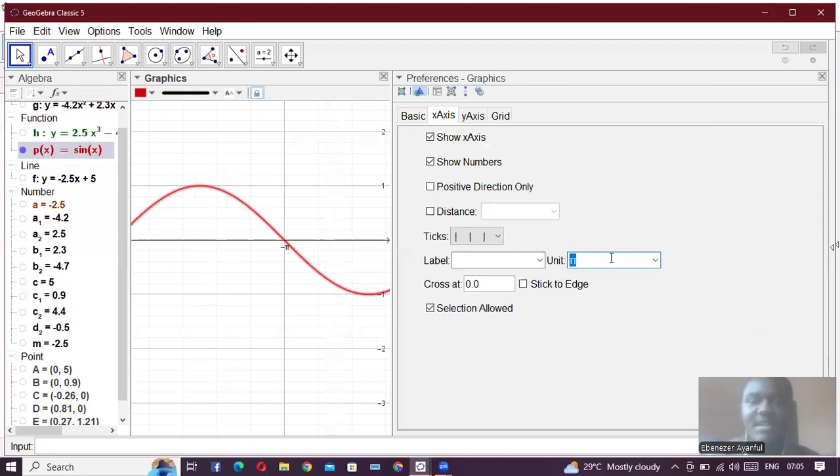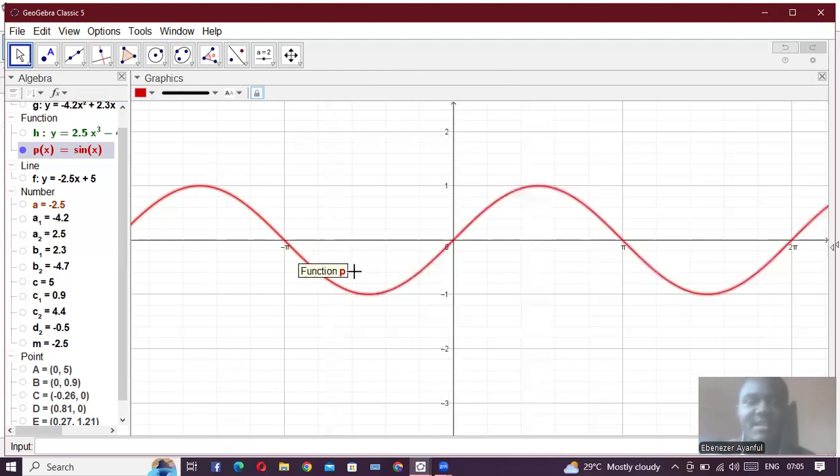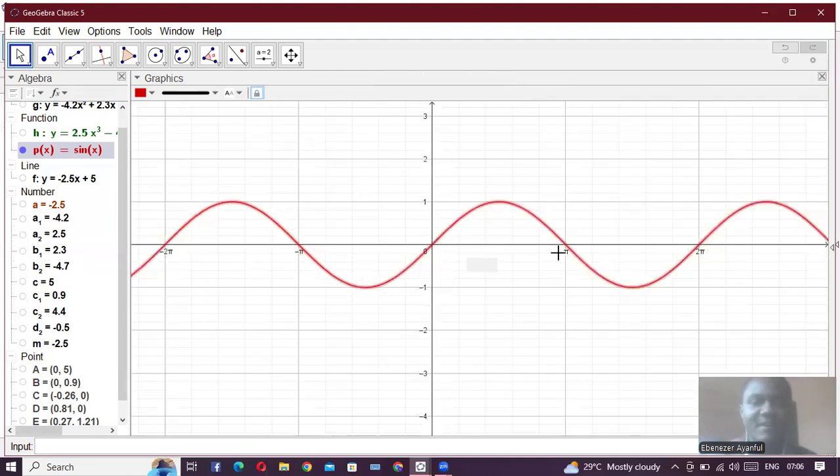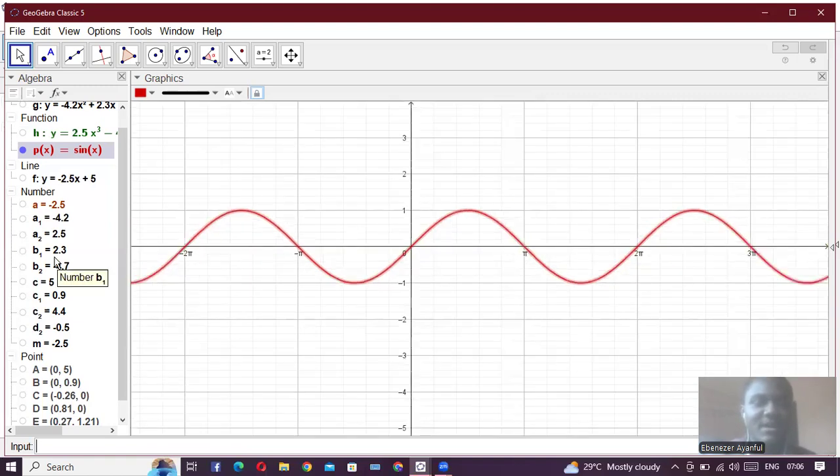You can change it to pi, and when you hit enter, it changes the labels to pi, 2 pi, 3 pi. This is beneficial for sine because it deals with angles, so it's easier to use pi rather than numbers. All right, so let's move on. From there, we can talk about the root.